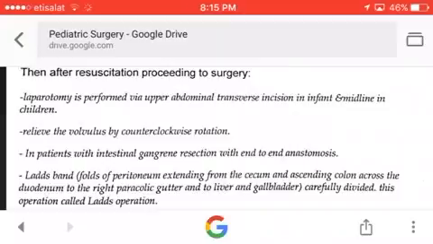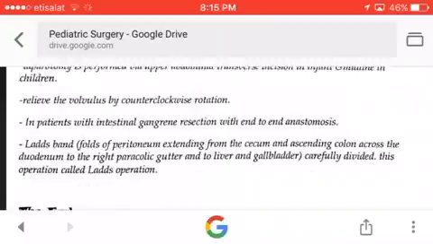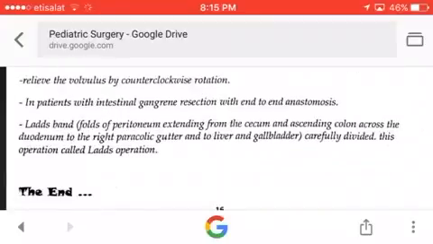In patients with intestinal gangrene, perform resection with end-to-end anastomosis. Ladd bands, folds of the peritoneum extending from the cecum and ascending colon across the duodenum to the right paracolic gutter and to the liver and gallbladder, are carefully divided. This operation is called Ladd's operation.